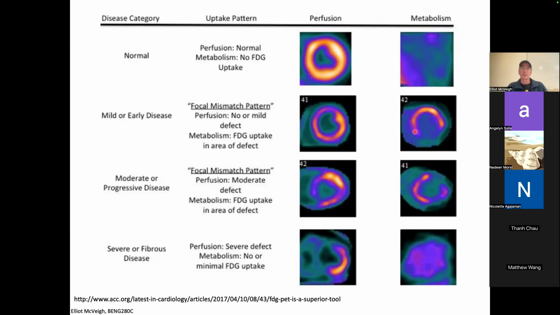So there's some kind of metabolic mismatch here between how much stuff is flowing in versus how much stuff is metabolically being taken up, okay? And so they look at these imbalances to decide whether or not tissue is viable or not.